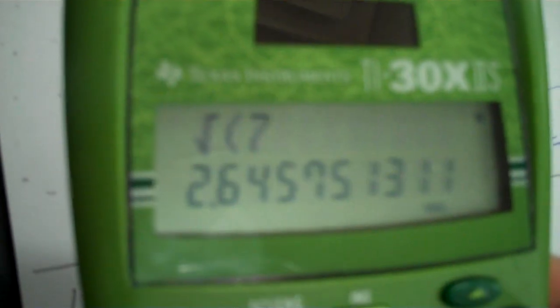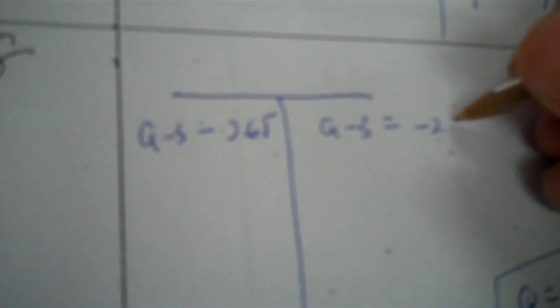Positive, negative, and the square root of 7 is 2.65. Okay, so 2.65, negative 2.65. So then we add 3, and that's 5.65. So there's your solution for q.